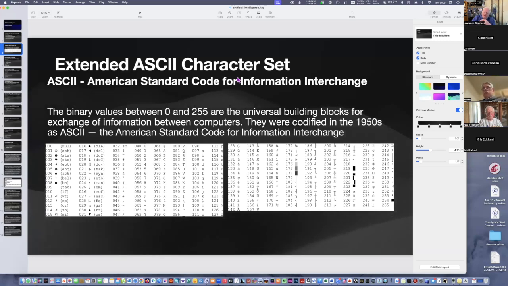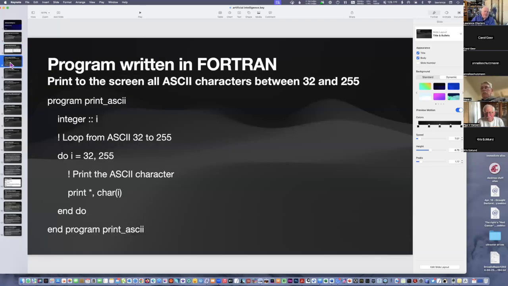The standard was created during the 1950s, and pretty much every computer on the planet, even ones that have never had anything to do with English, uses ASCII. When you see things written in Chinese characters, the computer itself is still using ASCII internally, and it's using a much more extended character set to show the Chinese characters.